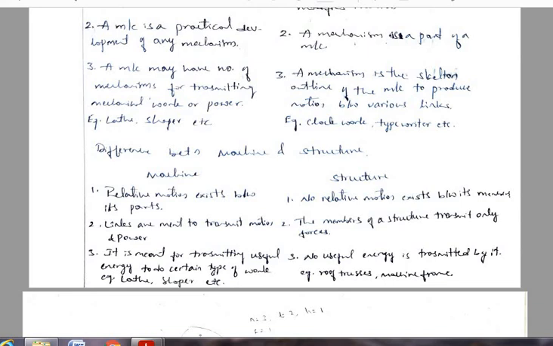Examples are roof trusses and machine frames, which provide the structure for the machine. So this is the difference between the machine and structure. I repeat, these differences are asked in the examination. You had better understand and remember these differences.